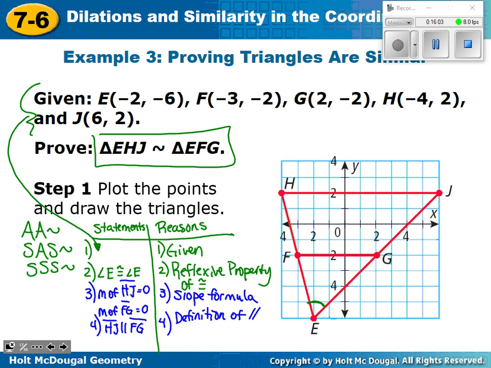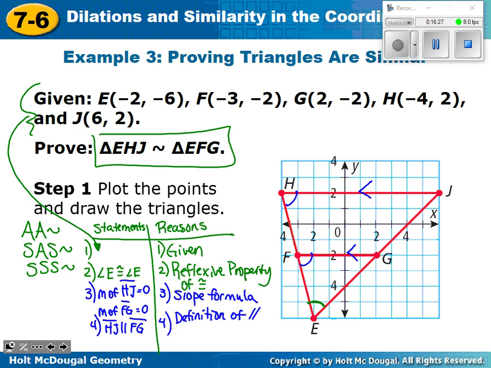And now, because those lines are parallel, what do we have? Okay, we have corresponding angles. Which angles are corresponding? Okay, be more specific. There's more than one angle at F. Okay, EFG. And we can call it just H if you want because there's only one angle at H, right? But there are two angles at F, so we have to use 3 letters.